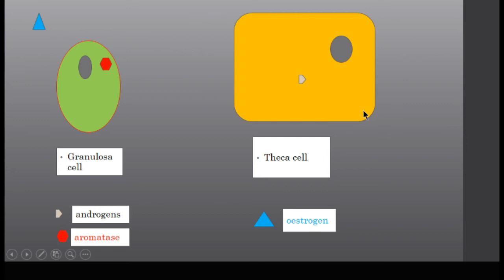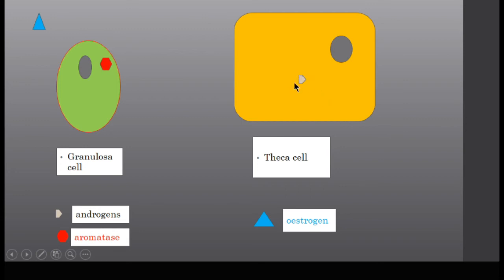Theca cell means the cells of the theca folliculi, as we have seen theca externa, theca interna, right? So the cell of the theca interna, this is the theca cell. And theca cells secrete this structure as I have shown over here. These are the androgens. Theca cells secrete the androgens. These are the sex hormones.